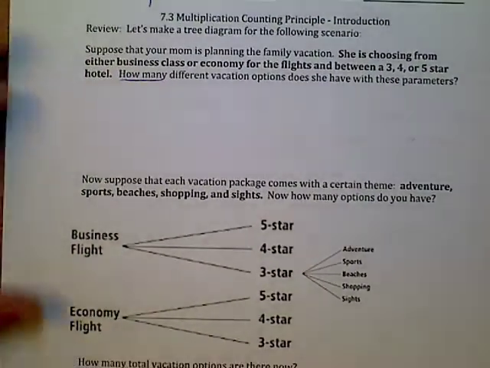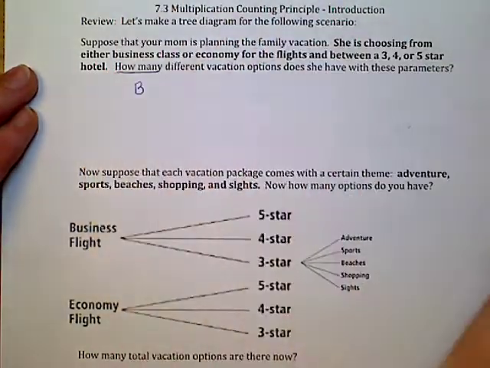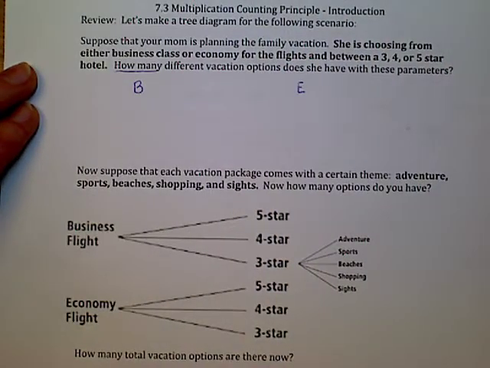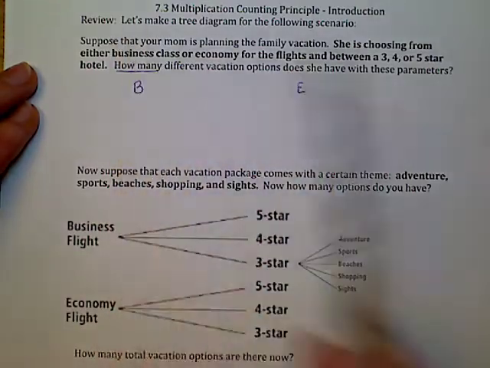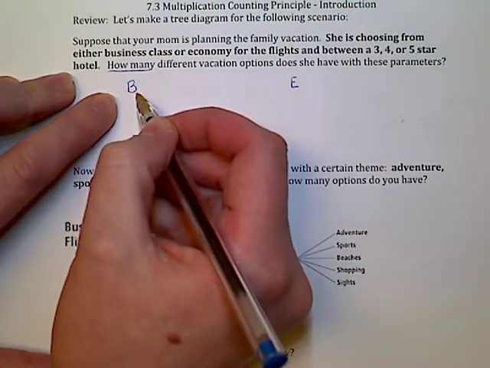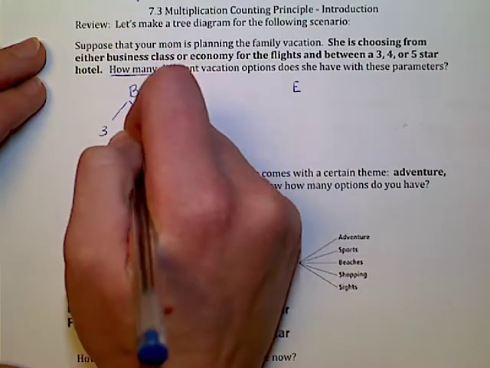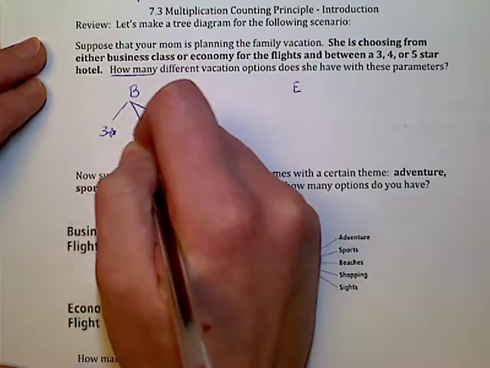So if I make a little tree diagram, we're first choosing either, I'm going to use a B for business or E for economy. Those are the two flight options. So remember, we don't list flight 1, flight 2, we list the options for each flight. And then let's say we choose business class. We could choose a 3, 4, or 5-star. We'll use little stars.